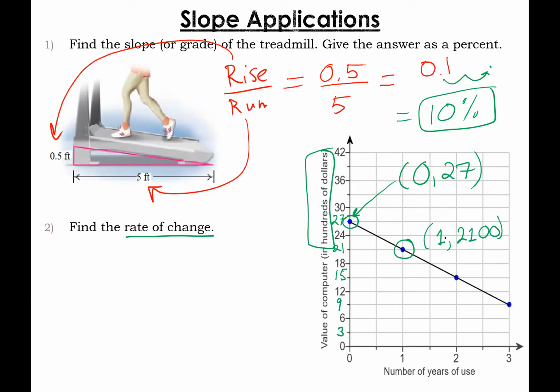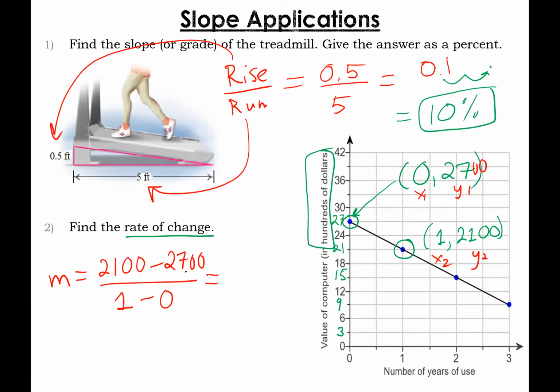Okay, so that's enough to plug into a formula. All right, so x1, y1, x2, y2. So m equals y2 minus y1, that would be 2,100 minus 2,700, over x2 minus x1, that would be 1 minus 0. 2,100 minus 2,700 would be negative 600, and then 1 minus 0 is 1.